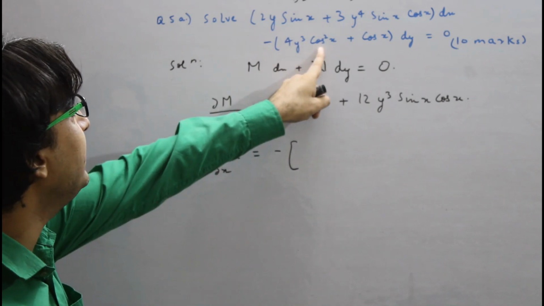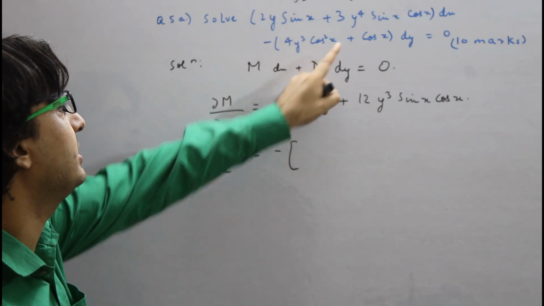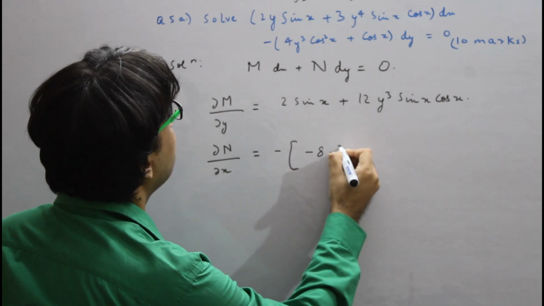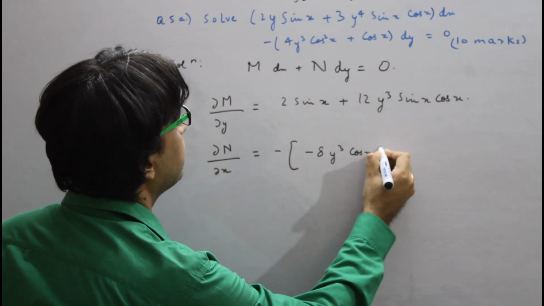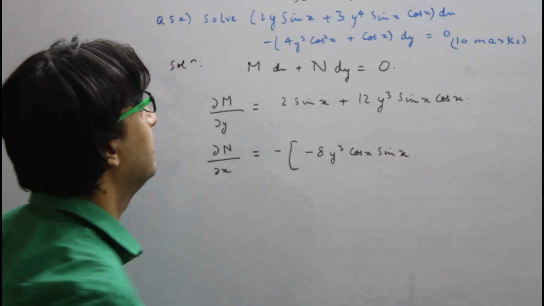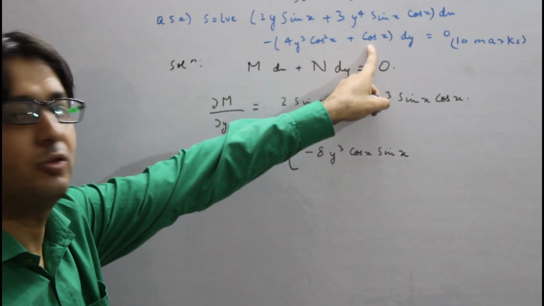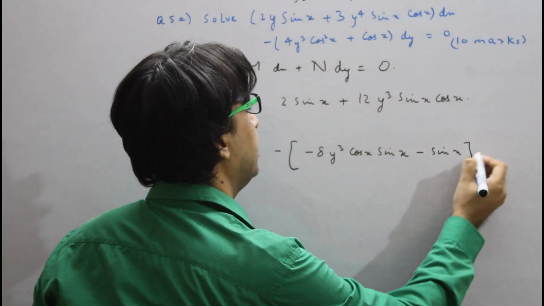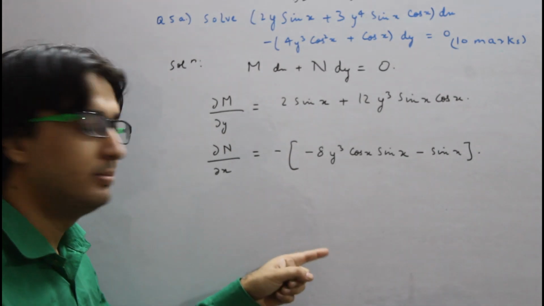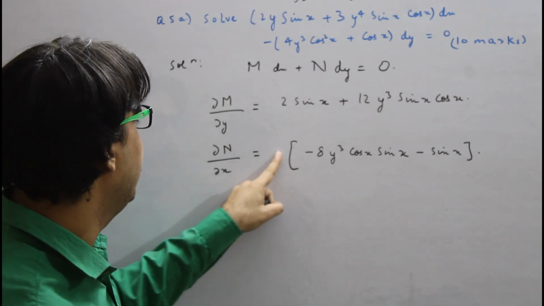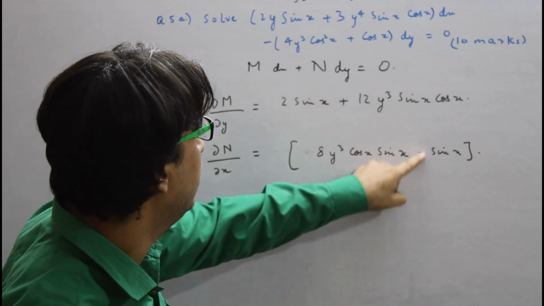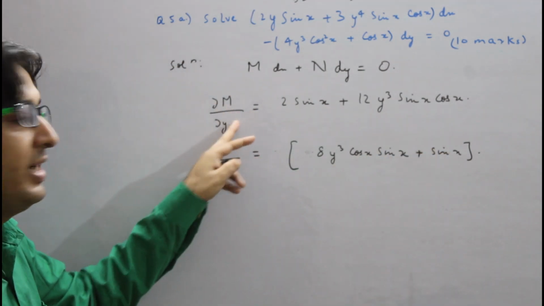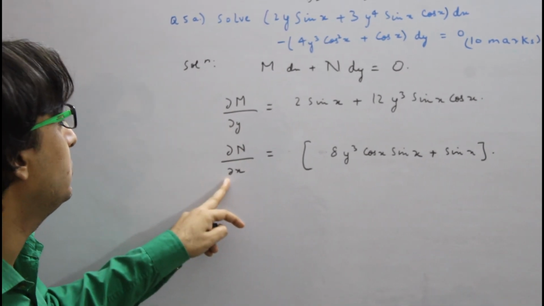Now if I take the derivative of cos^2 x, this becomes minus 8y^3 cos x sin x, and the derivative of cos x is minus sin x. So we can take this minus inside and make the whole term positive. Now we can see that ∂M/∂y is not equal to ∂N/∂x.